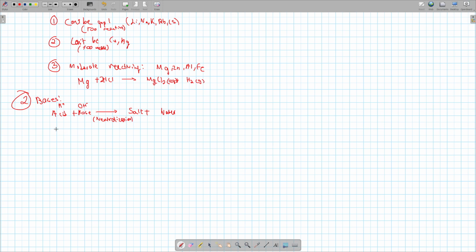For example, HCl is an acid plus a base NaOH to produce NaCl plus H2O. You're going to need this later. If you're reacting two things and you want to know what's a precipitate, box up the middle. It's NaCl.